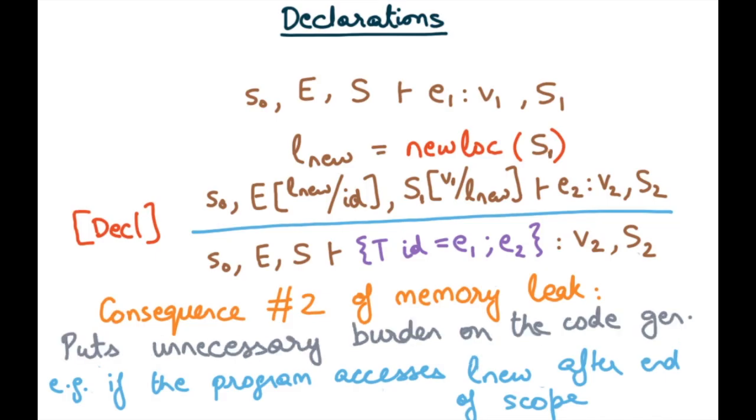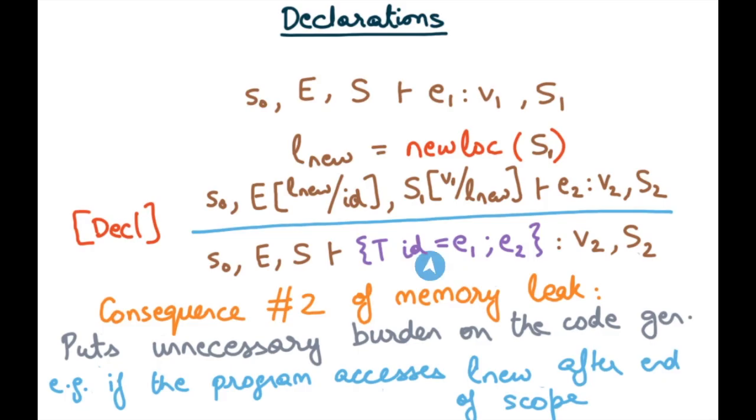And what that means is that it puts an unnecessary burden on the code generator. Typically a code generator would implement such scopes on the stack such that it will allocate memory for this identifier, for example, by decrementing the stack pointer, and then deallocate the memory for this identifier by incrementing the stack pointer back to reclaim the space.